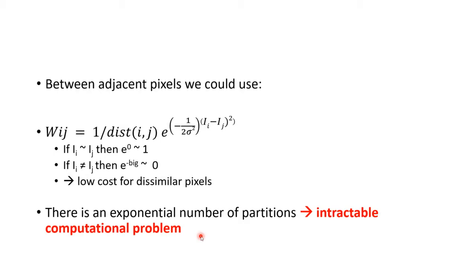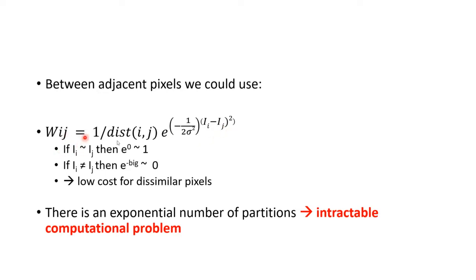So we could use a formula to define which edges are more similar to each other. This is a kind of Gaussian distance, right? There's 1 divided by the distance between pixels i and j, and this is the exponential of this kind of value here. But the important thing is that this is the intensity of pixel i, and this is the intensity of pixel j, right?